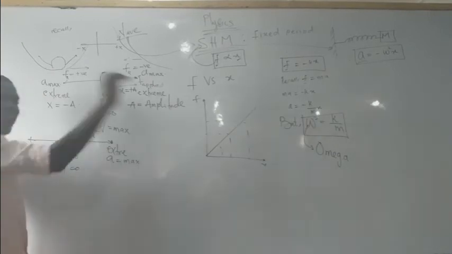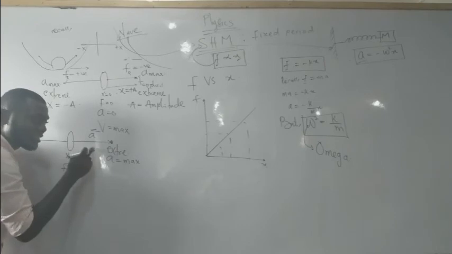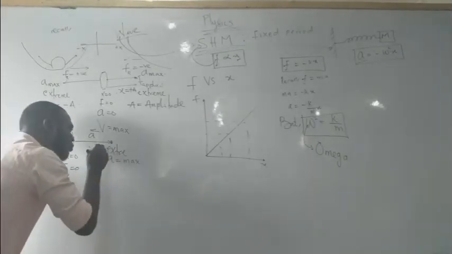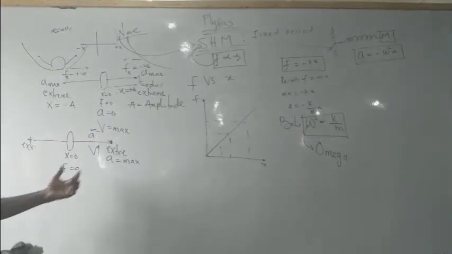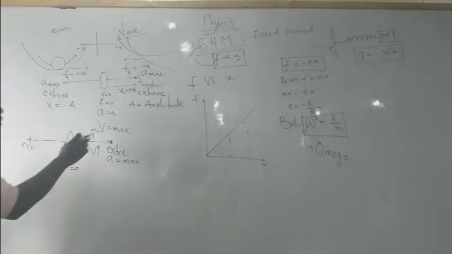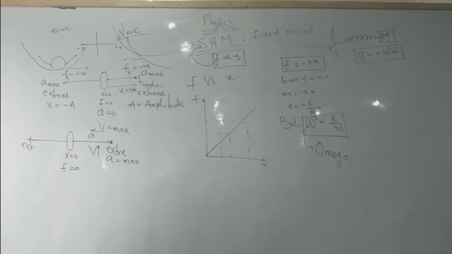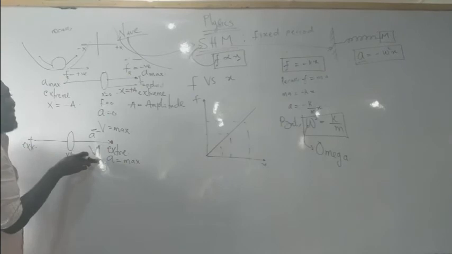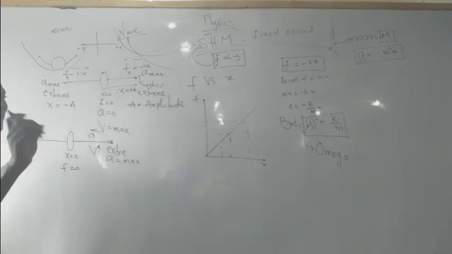Then as it moves gradually, the acceleration keeps decreasing, and as the acceleration is decreasing, there will be an increase in velocity. That's the rule: a decrease in acceleration means an increase in velocity.